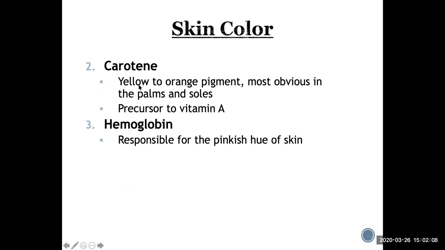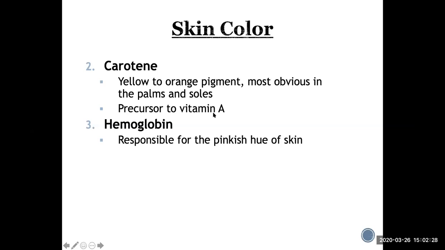So keratin is a yellow to orange pigment. You may remember from biology, from Bio 1, we looked at keratin pigment a little bit. This pigment in our skin is most obvious in the palms of our hands and the soles of our feet.